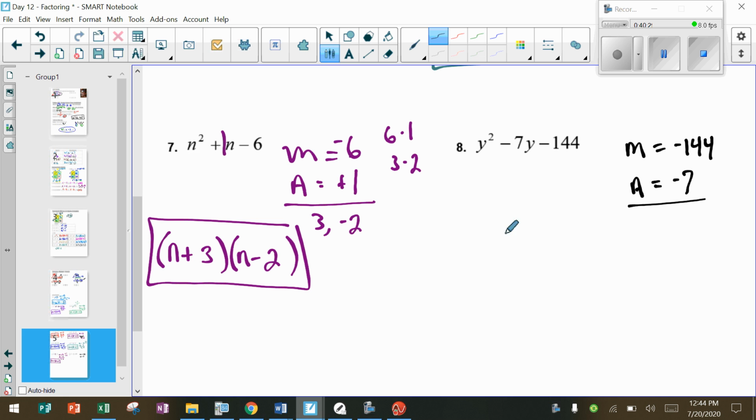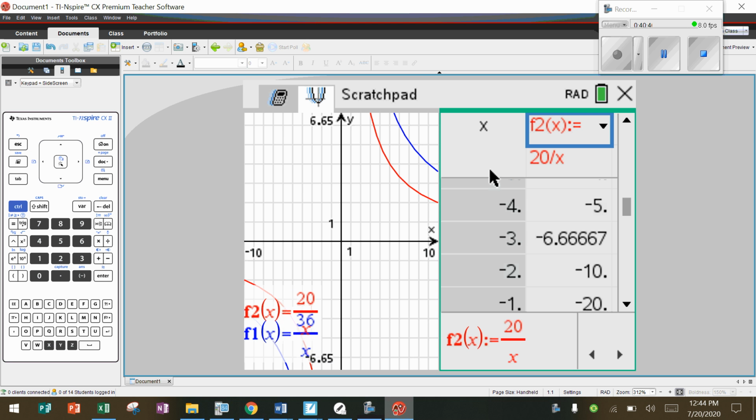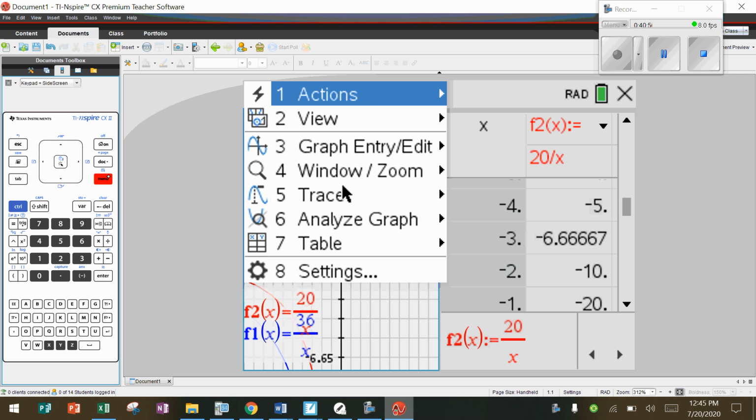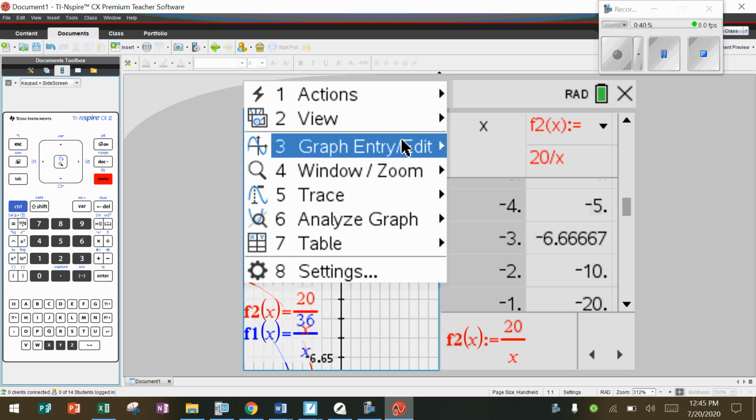So since they multiply to be a negative, I already know that it's going to be y plus in one parentheses and y minus in the other parentheses. So now we have to figure out what numbers multiply to be negative 144. So I'm going to go back to my Inspire. I'm going to click off the table and click onto my graph screen. And then once I've clicked onto my graph screen, now I can hit Menu and choice 3, do a graph entry.